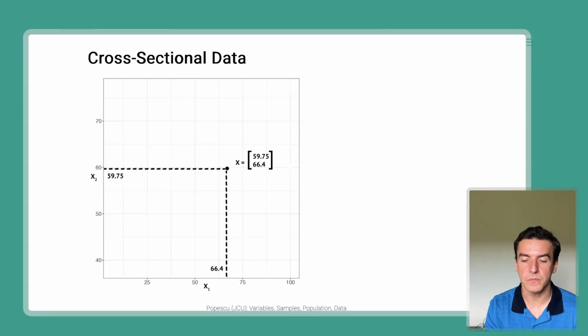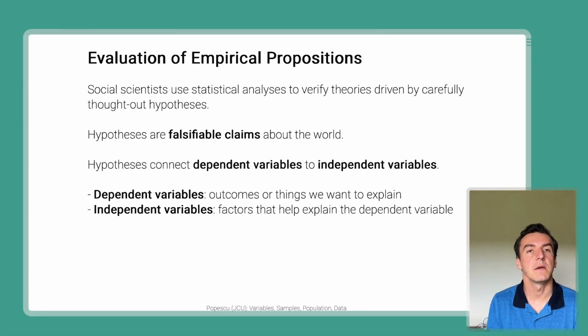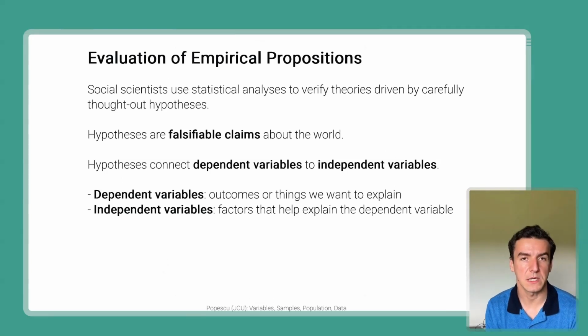So moving on to evaluating empirical propositions. Typically social scientists use empirical analyses or statistical analyses in order to test these hypotheses. Hypotheses are fundamentally falsifiable claims about the world.